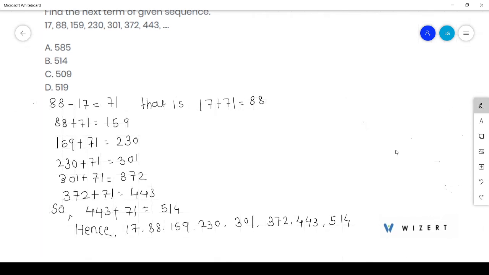So our correct option is option B, which is 514.